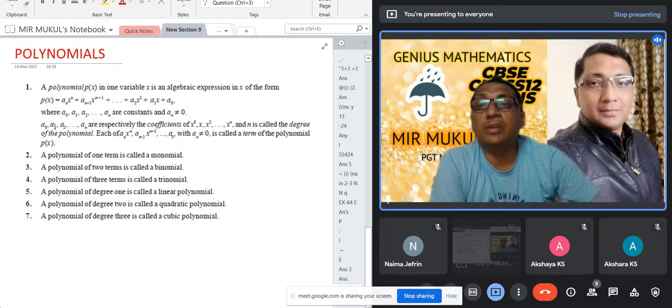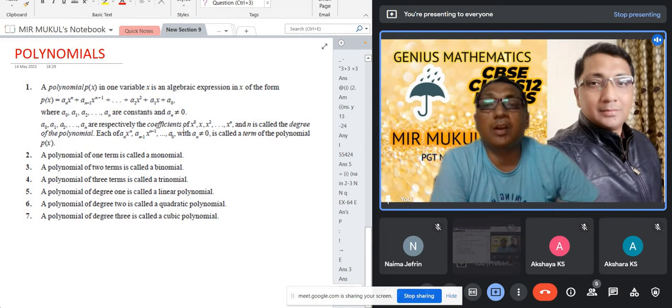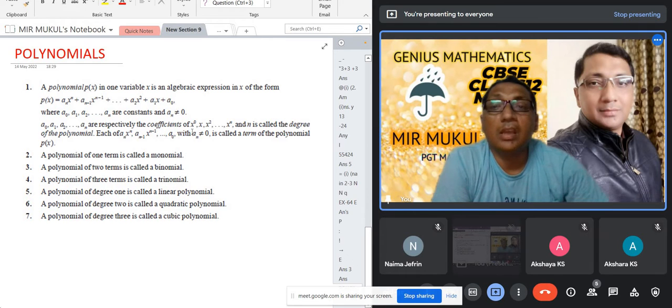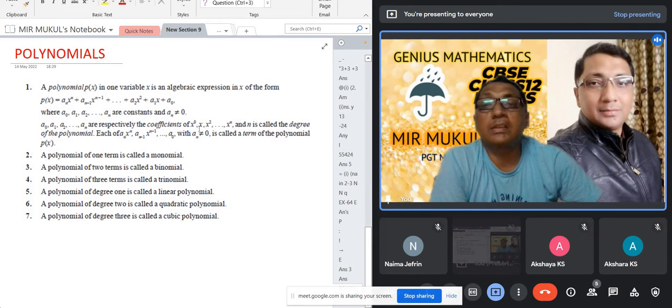Then a_0, a_1, a_2 and a_n are respectively the coefficients of x to the power 0, x, x square, x to the power n. And n is called the degree of the polynomial.